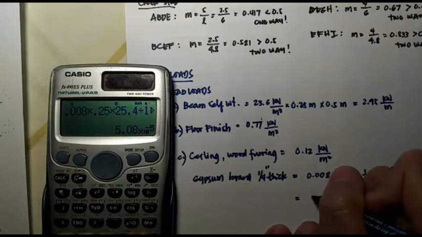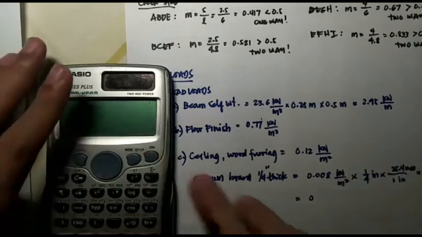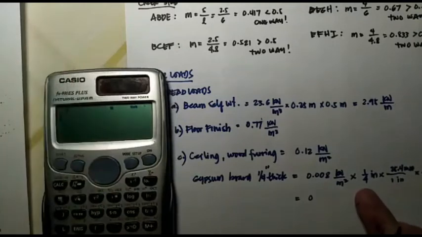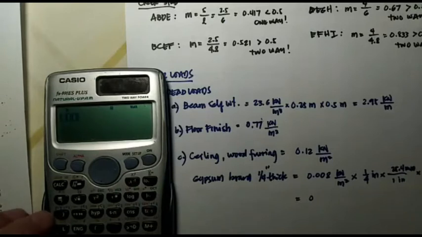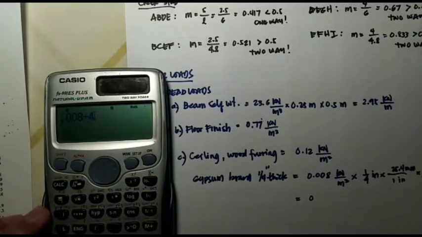So this is inches. 1 inch is 25.4 mm. Then 1 meter is 1,000 millimeter. So 0.008 times 1/4 times 25.4 divided by 1,000.